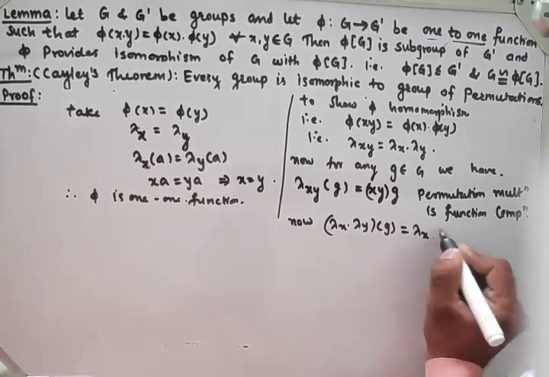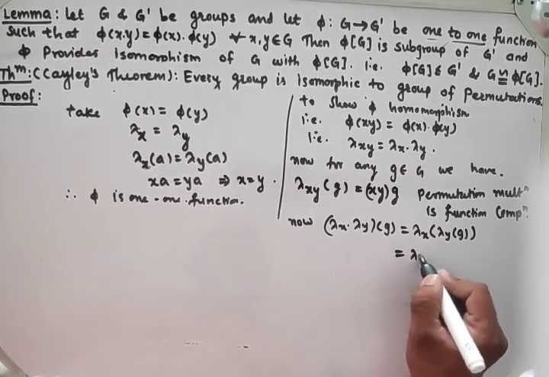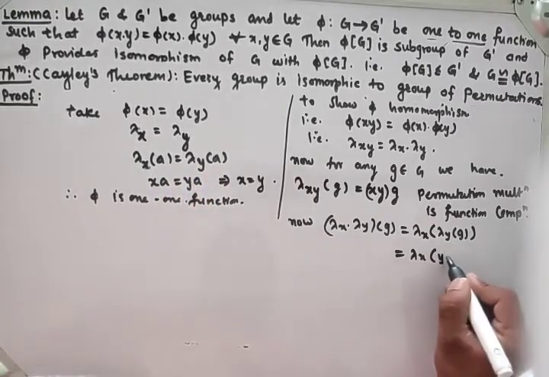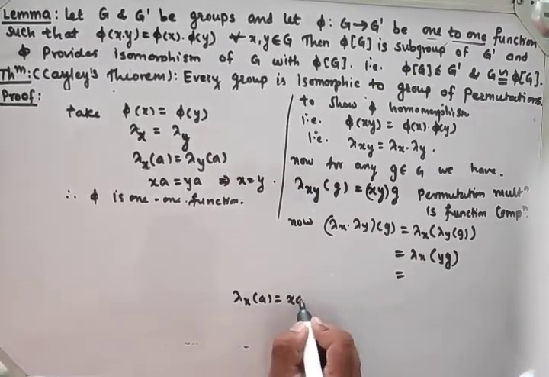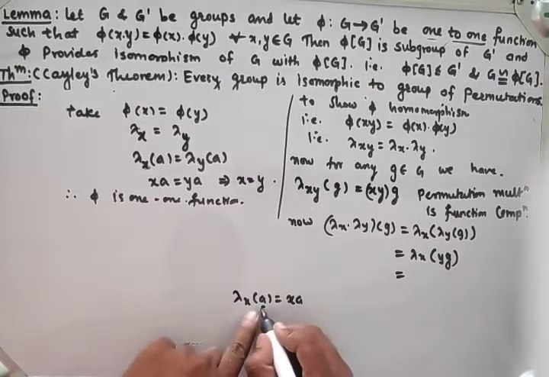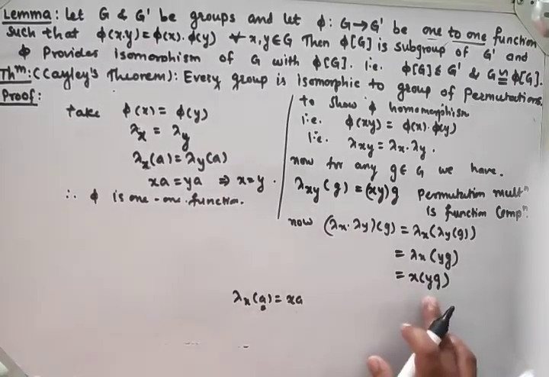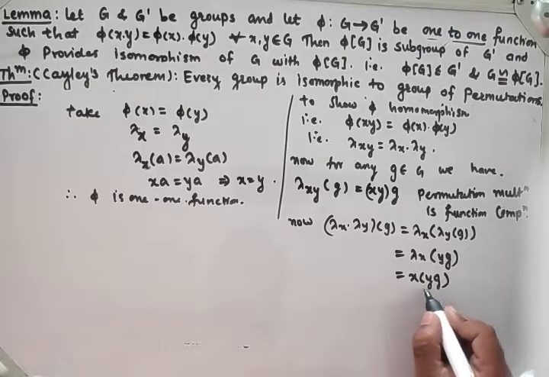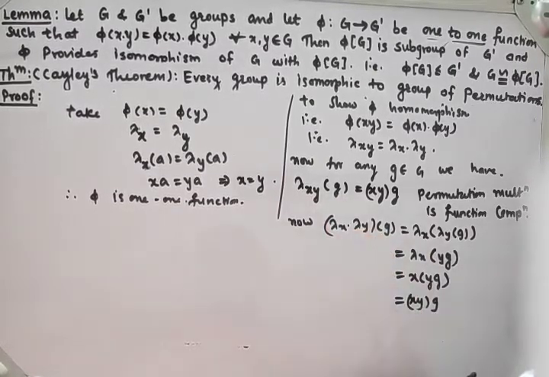So lambda x of lambda y of g will be equal to lambda x of y g, since lambda y of a has value y a. Again, lambda x of a is equal to x into a, so here this a has value yg, which means this will be equal to x into y into g. Then permutation multiplication is function composition, so by using the associativity property we will get xy of g, which means the left hand side and right hand side will be equal.